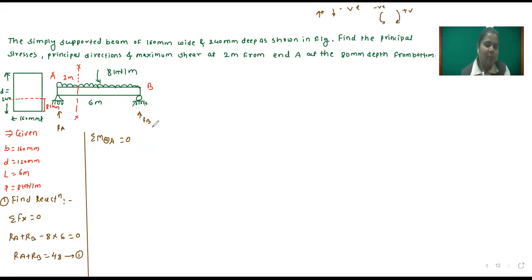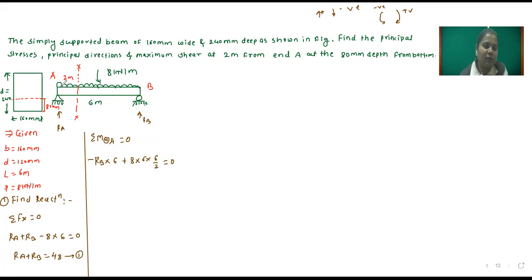So this RB creates anti-clockwise moment about point A. So minus RB into, moment means force into perpendicular distance. RB is the force and the perpendicular distance is 6 meters. Then the next force is this 8 kilonewton per meter, which creates clockwise moment. So plus 8 into 6 into, it acts at 6 by 2, which is equal to 0.